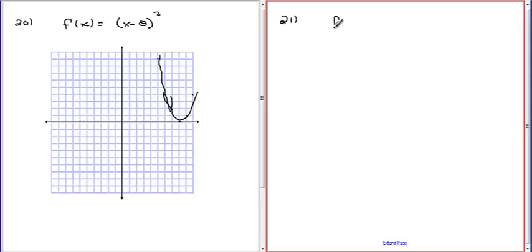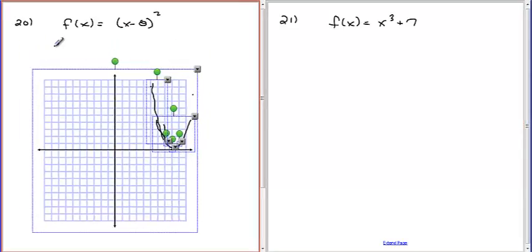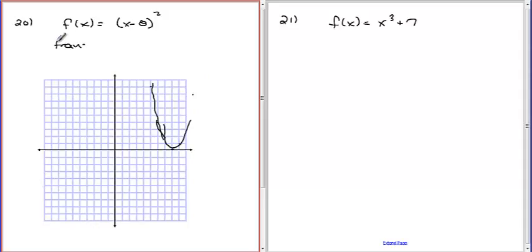21 is a third order polynomial, x cubed plus 7. So we just have x cubed by itself, so there's no x translation. We do have a constant by itself. And let me write for the previous problem, let's just write it out. So it would be translate to right 8 units.